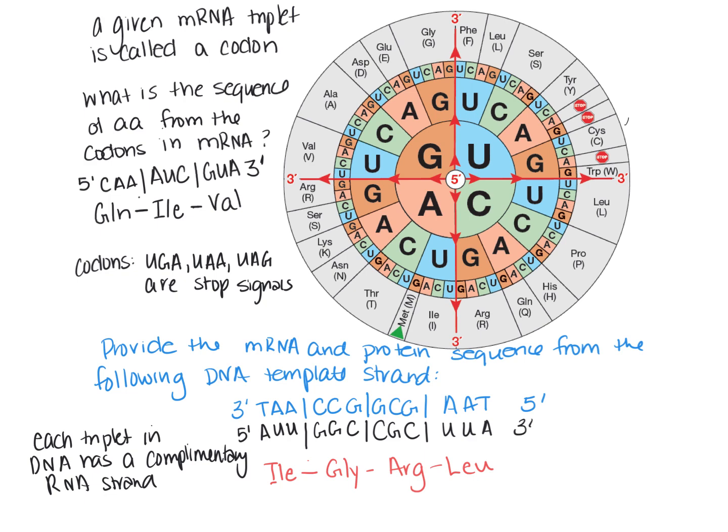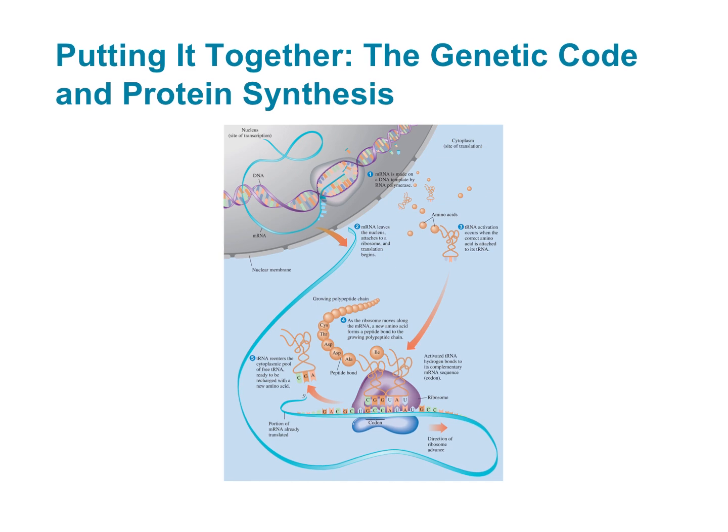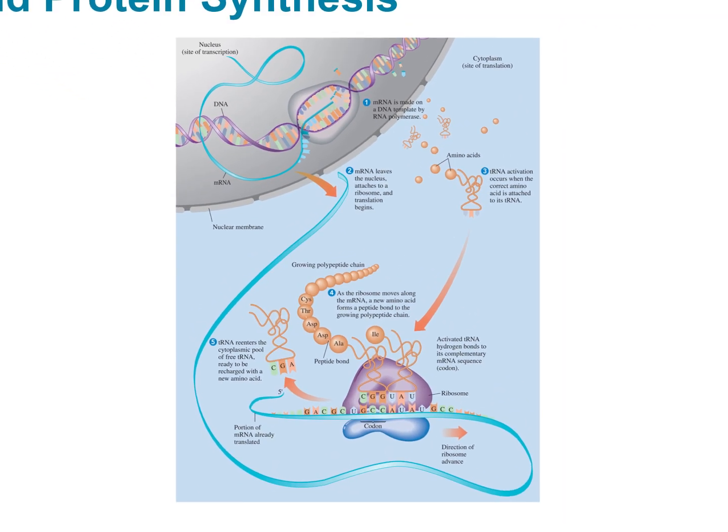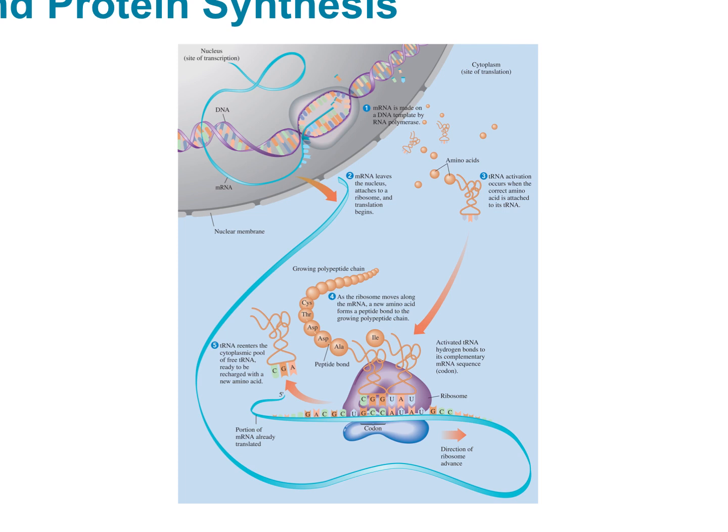So I want to review this process a little bit and look at the picture, okay? So here is a really beautiful image of kind of the big picture here. So when we look at this, right, we are over here in the nucleus, and it's the site of transcription.